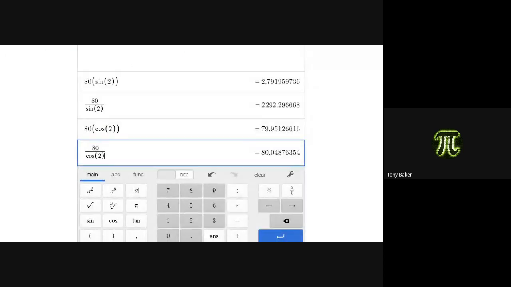Those are all the 4 different kinds of answers you could possibly get, as long as you did degrees correct, not radians. Only one of those answers should make sense.